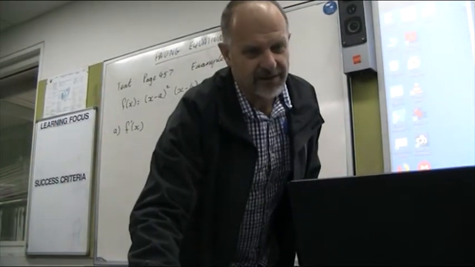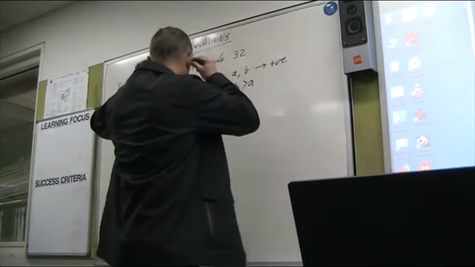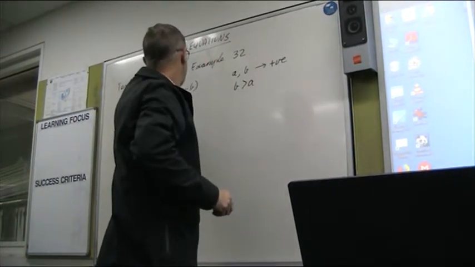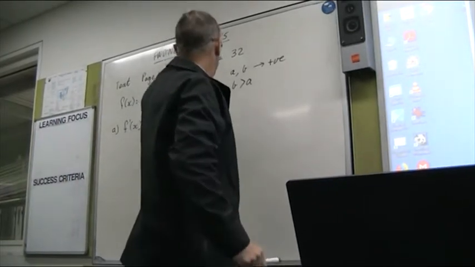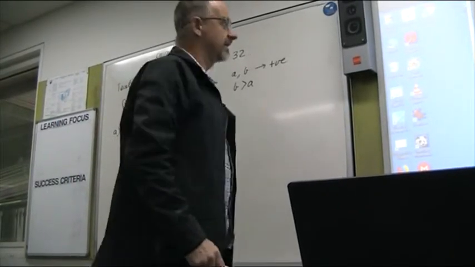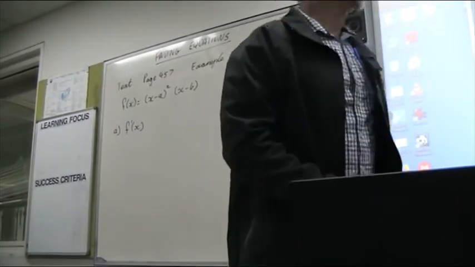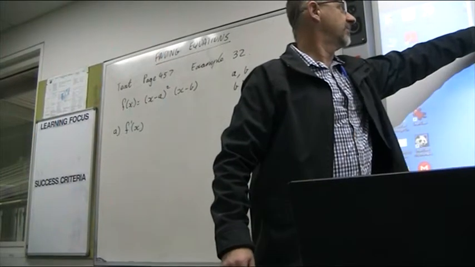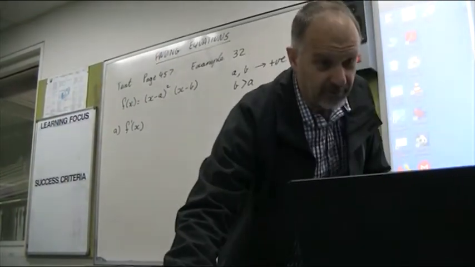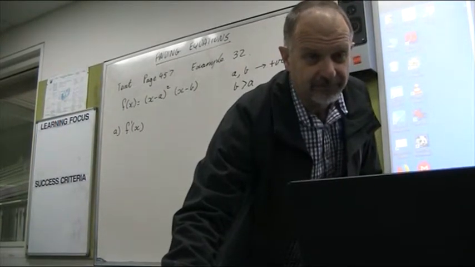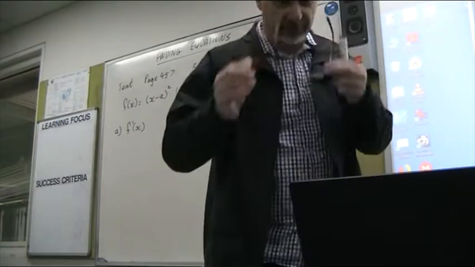So using that template, we are going to differentiate our function x minus a squared times x minus b, and it asks with respect to x. So whatever it asks with respect to, we put down there. So with respect to x, and then inside the bracket we put the function.